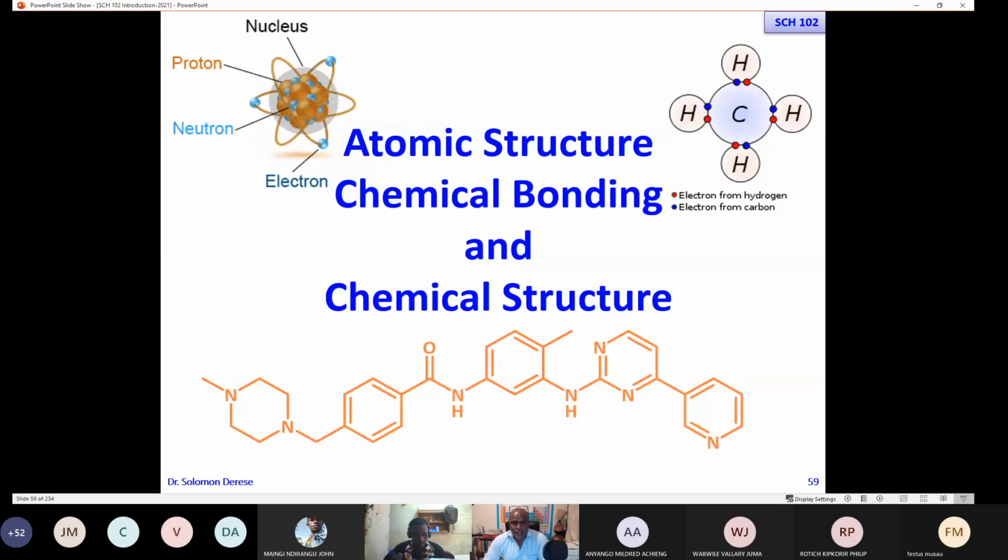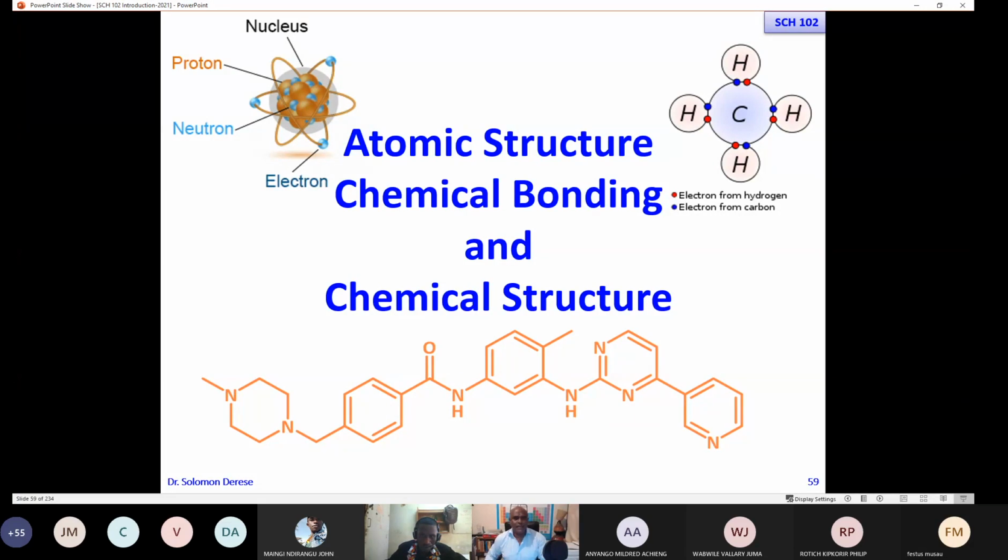Structure of a chemical compound determines its property, whether it is physical property, chemical property, or biological property, is determined by its structure.